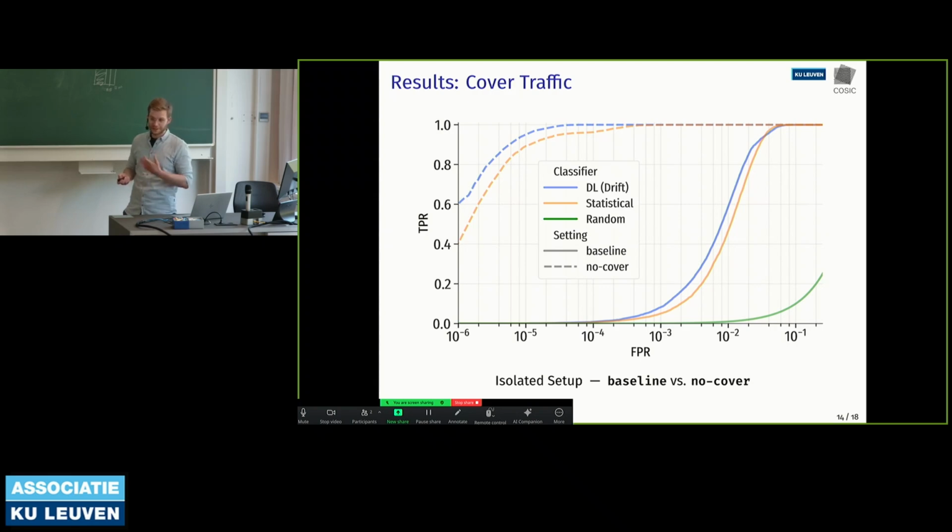Loop cover traffic is really helpful in thwarting our flow matching attack, in the sense that the true positive performance our classifiers reach in the baseline dataset at 10 to the power of -2 is obtained 4 orders of magnitude lower at 10 to the power of -6 if you remove loop cover traffic, so it's very helpful.